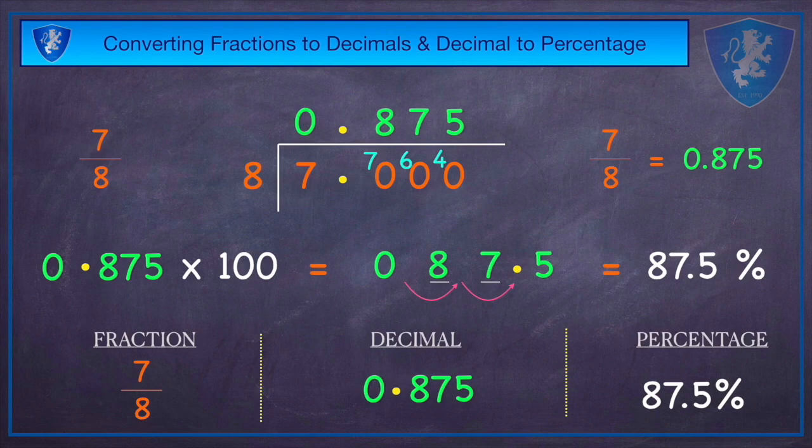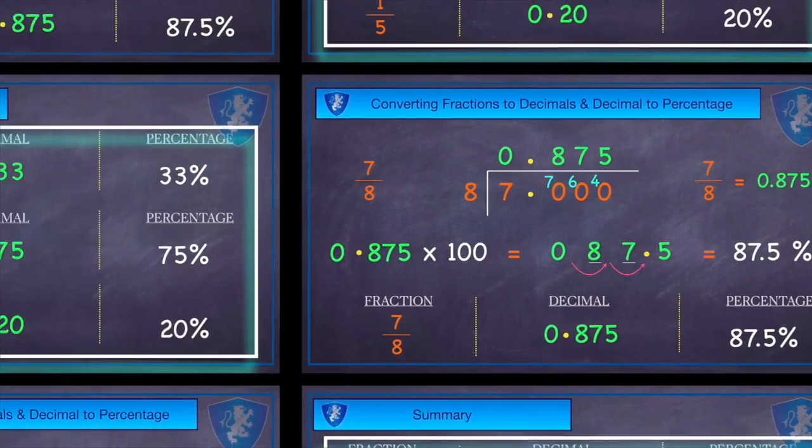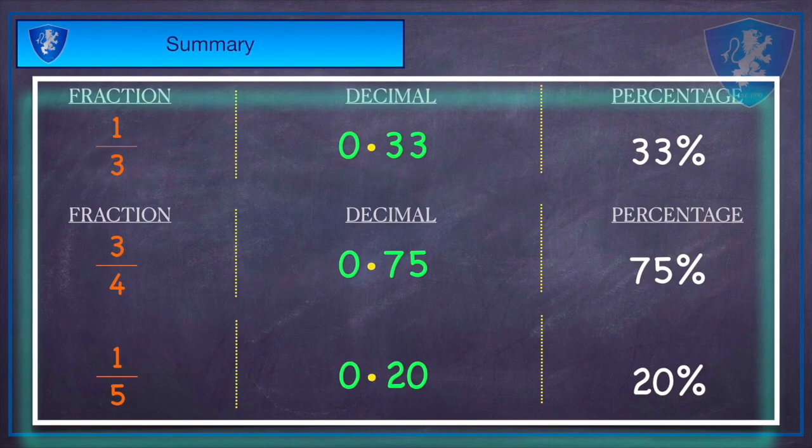So this summary explains exactly what fractions we've tackled today. And we start with 1/3 here. 1/3 is 0.33 and is 33%. Your 3/4 as a decimal is 0.75 and is 75%. Your 1/5 is 0.2, or you can put 0.20, and is 20%. Now, let's look at the 2/5.